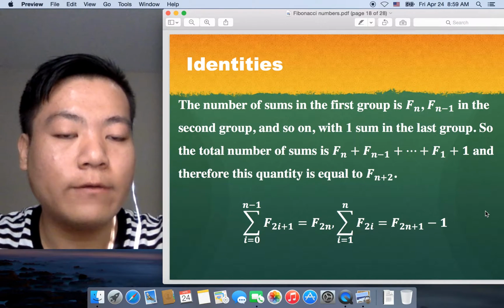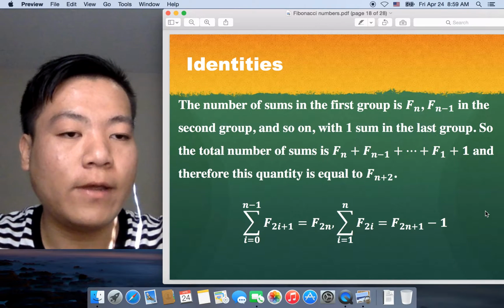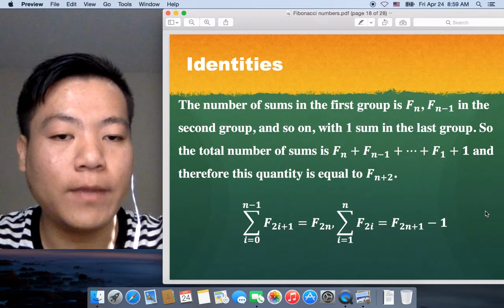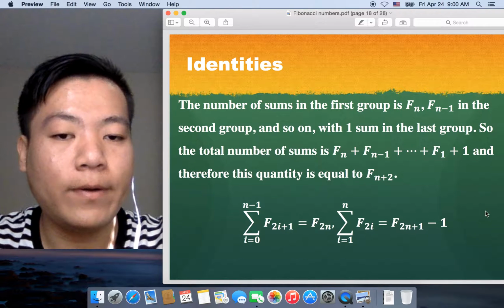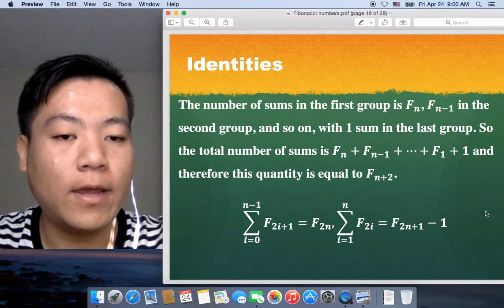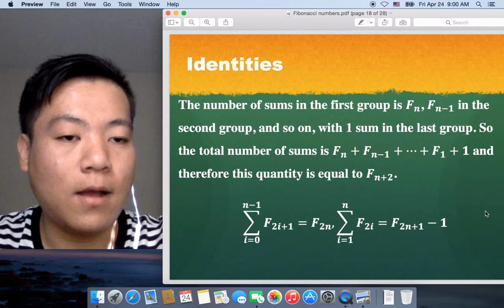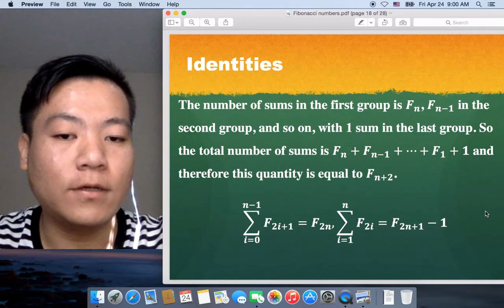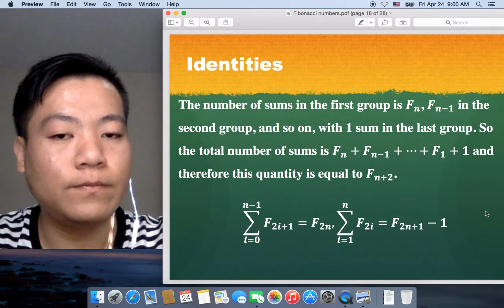The number of sums in the first group is F_n, F_{n-1} in the second group, and so on, with one sum in the last group, and the total number of sums is F_n plus F_{n-1} plus, on the way to, F_1 plus 1, and therefore this quantity is equal to F_{n+2}.